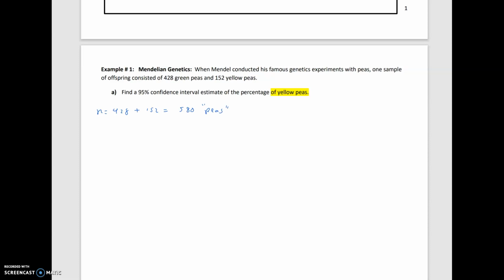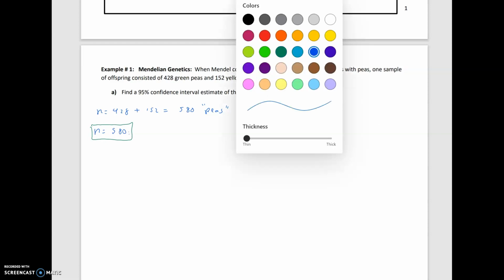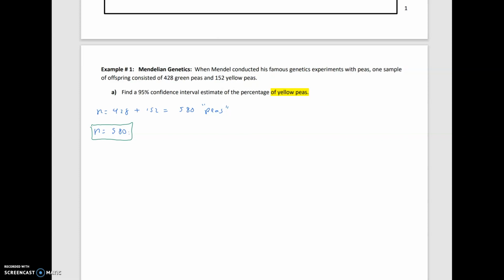Okay, so let me just define n as equal to 580, which we're going to need. And then the other portion of the problem to create the actual standard error is the proportion of the successes.